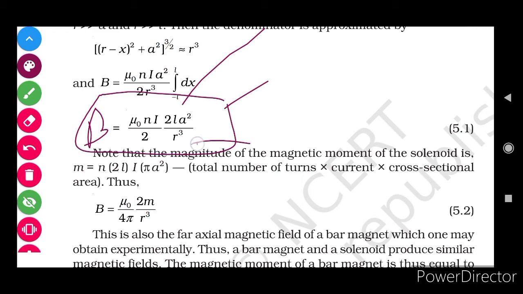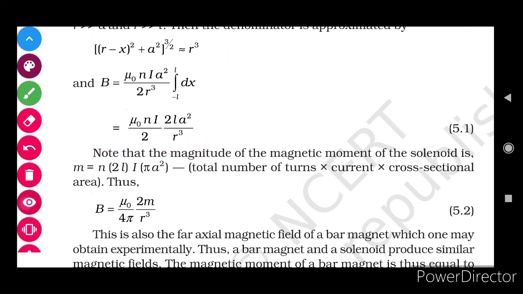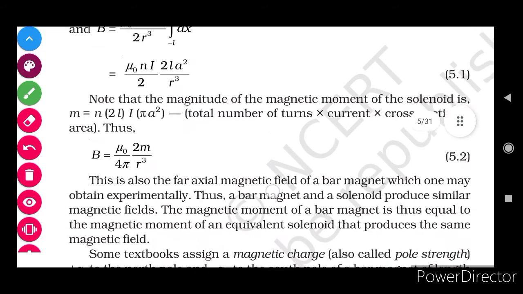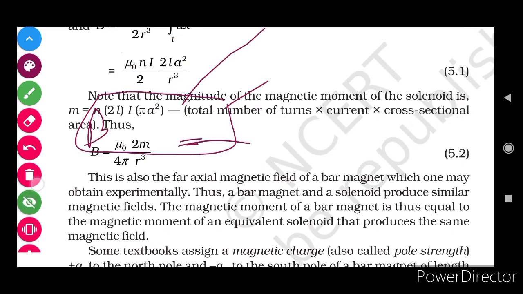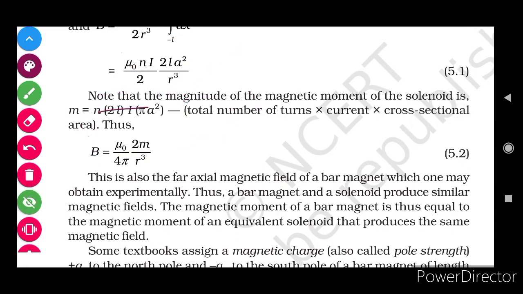Because the distance is very large, it doesn't matter, we take it from the center, and L or a are just ignored. So now the magnetic moment of the solenoid is m equal to n 2L I A. So now we know the magnetic moment of the solenoid.